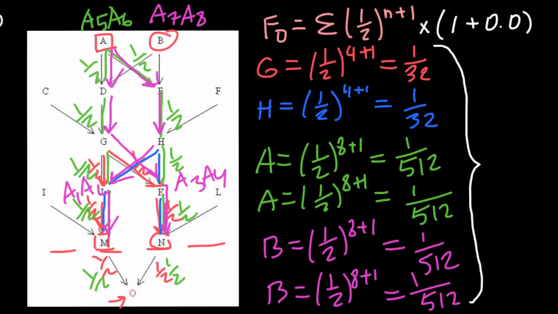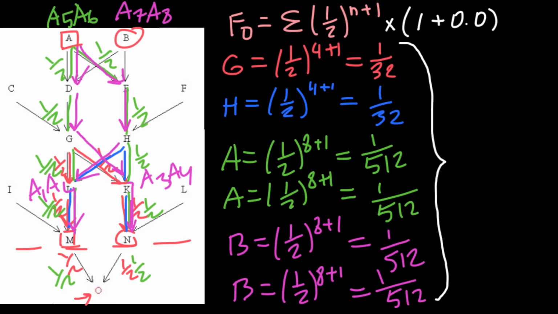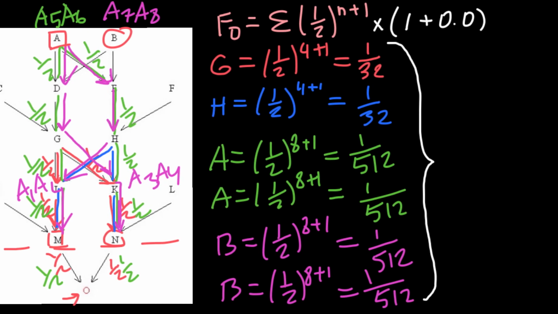So we have here 1, 2, 3, 4, 5, 6 loops. So this is going to be first one, second, third, fourth, and fifth, and sixth.